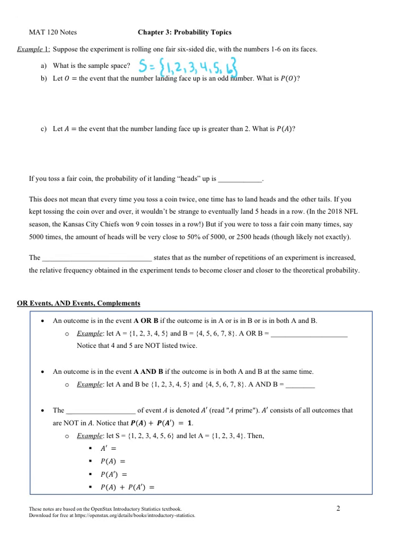Next, let O be the event that the number landing face up is odd. What is the probability of O? Well, first, let's find the sample space for O. And we'll call that O, as they suggested, and we could roll a 1, a 3, or a 5.